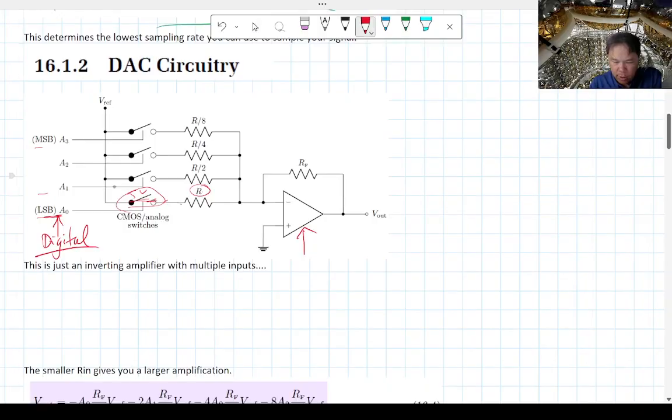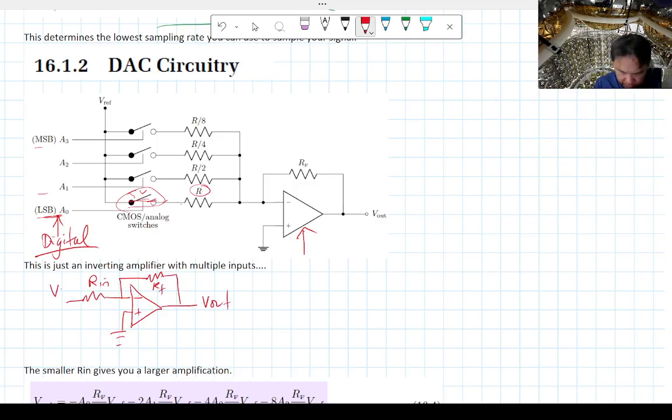And remember, by just looking at that part, this is basically an inverting amplifier. So remember the inverting amplifier before, we have some Rin, and then you have your amplifier, you put in the negative, you tie the other side to ground, and you have this RF, this is Vout, this is Vin, and the relationship between Vout and Vin is Vout equals negative RF over Rin times Vin.